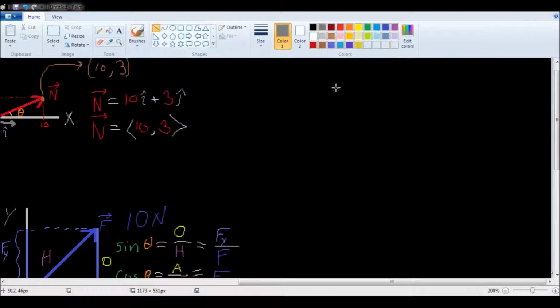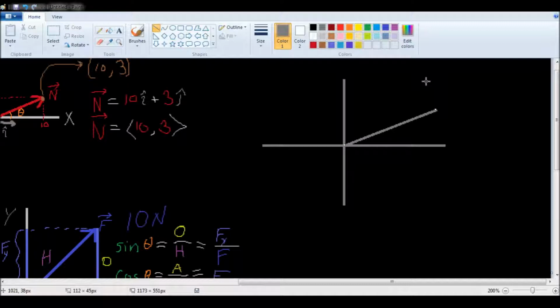a coordinate system here, and we have a force. Whoops, that's not what I wanted to do. And we have a force pointing in this direction.